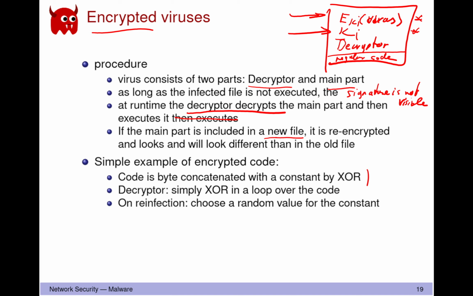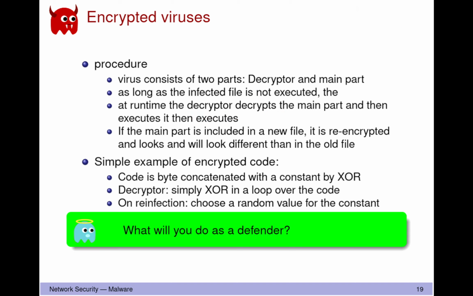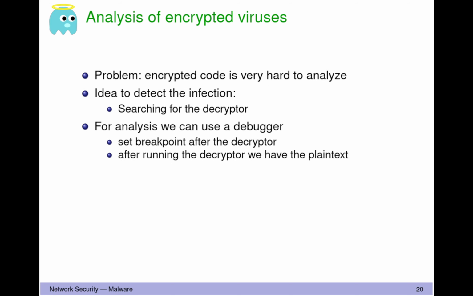Yeah, the decryptor, yes. You can look for the decryptor to identify whether some kind of decryption is happening in the code. That could be your new lead for identifying that there's some kind of encrypted virus.